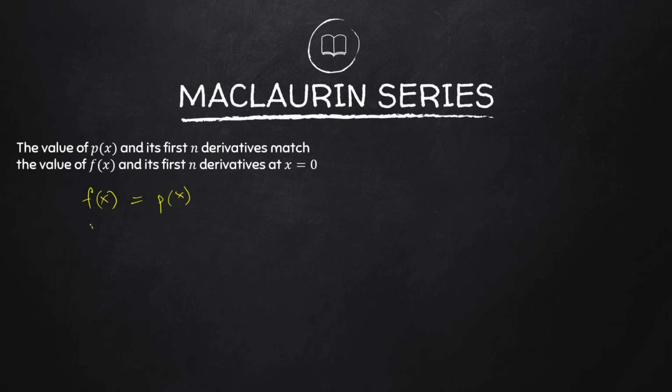So if we take the first derivative of the function, f prime of x, that is also equal to the first derivative of the polynomial of approximation. Same with the second derivative, the third derivative, and so on and so forth up to the nth derivative.